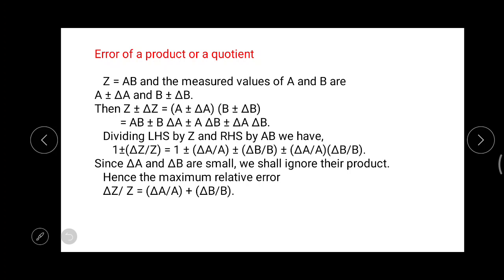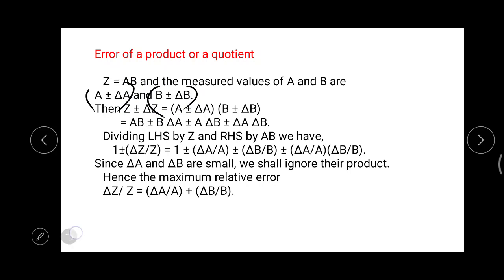So you can see that z plus or minus delta z will be equal to, z is ab, so a and b are given with the error, a plus or minus delta a and b plus or minus delta b. As you have to multiply, a plus delta a into b plus or minus delta b.